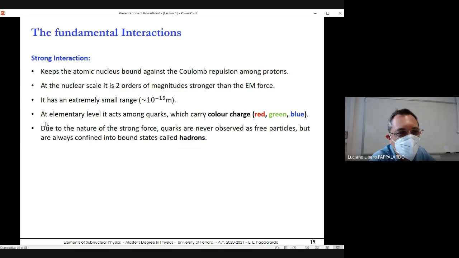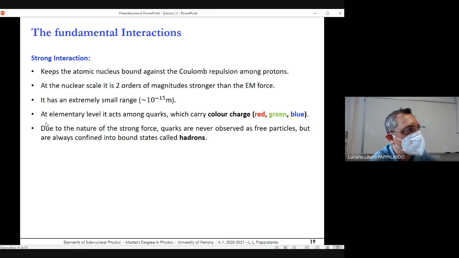Now, the strong force. This is something that we don't have a direct experience of in our world. First of all, it keeps the atomic nucleus bound against the Coulomb repulsion among protons. What does it mean? It means that protons are all positively charged, and when you try to put together objects which have the same electric charge, they try to repel themselves.